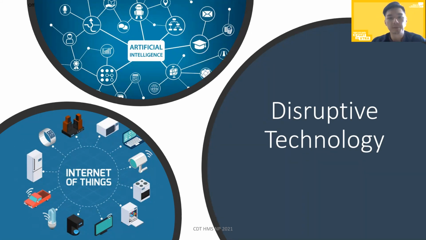Another new disruptive technology that we are quite familiar with these days is artificial intelligence. Artificial intelligence is gradually creeping into different aspects of our lives, and we see it a lot when we surf the internet. We go onto certain websites and they are quite predictive with their algorithm in terms of what we are searching for on the website.